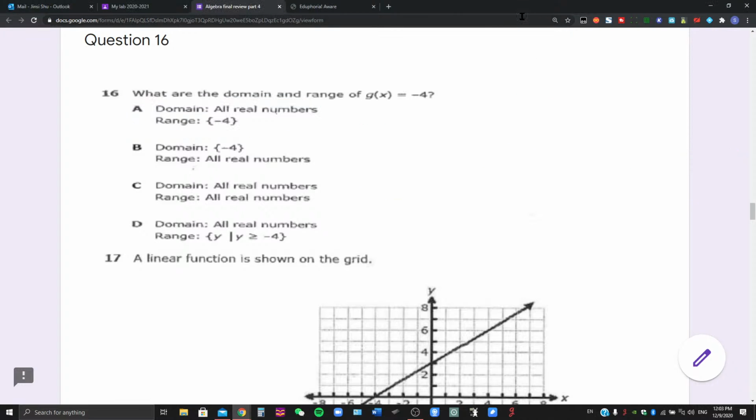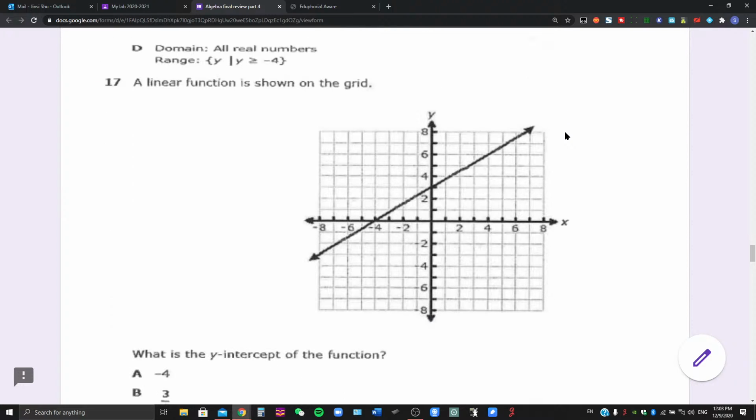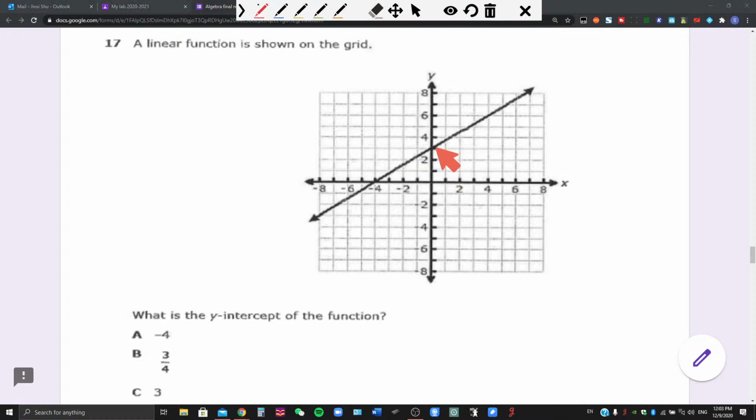All right, let's go to 17. We have a linear function graph. What is the y-intercept? Oh, this is super easy, right? We know the y-intercept is where the graph crosses the vertical y-axis, not the horizontal one. -4 is not correct.